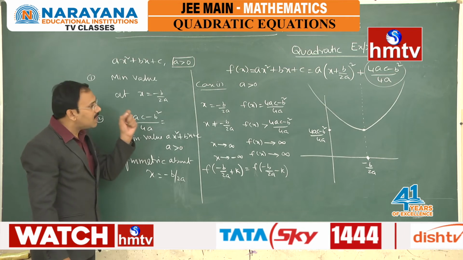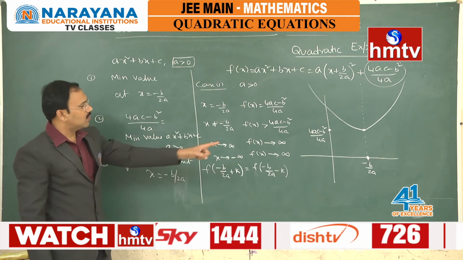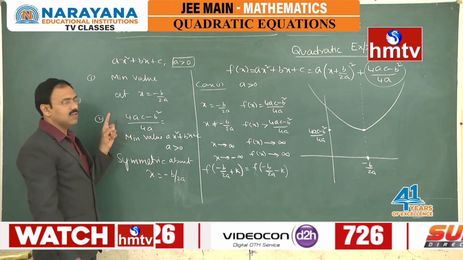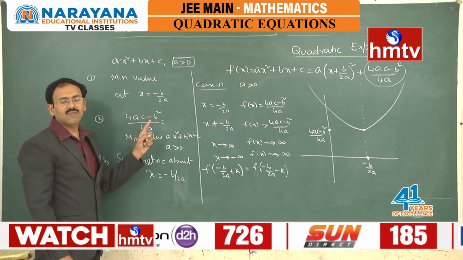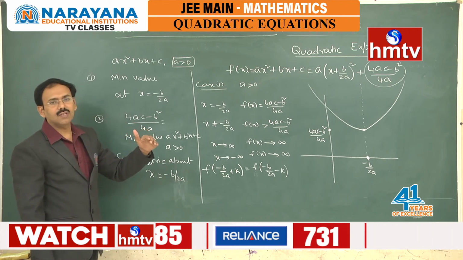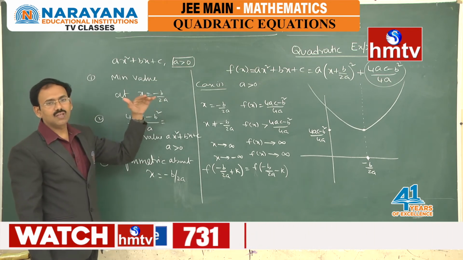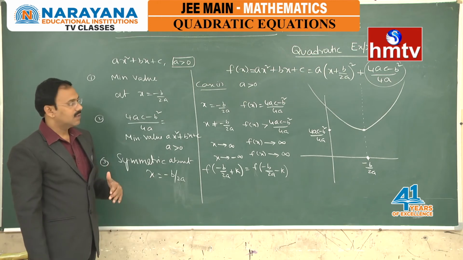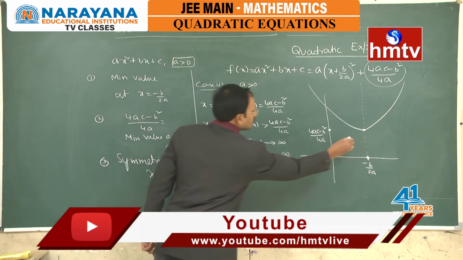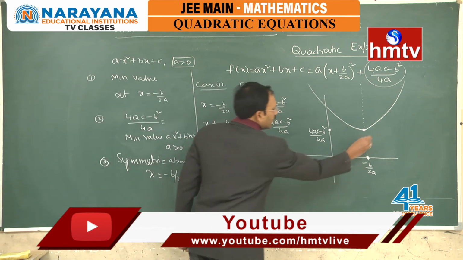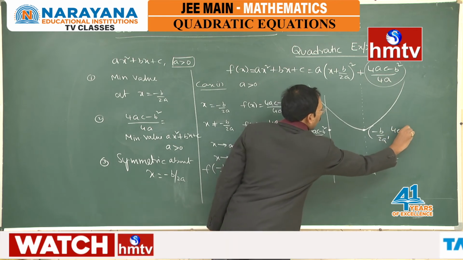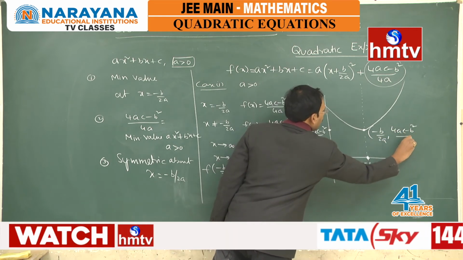It will have a minimum value when x = −b/2a, and that minimum value is (4ac − b²)/4a, whereas the maximum value is not defined, it goes to infinity. And we can say that it is a turning point. We call this point the turning point, which is (−b/2a, (4ac − b²)/4a).